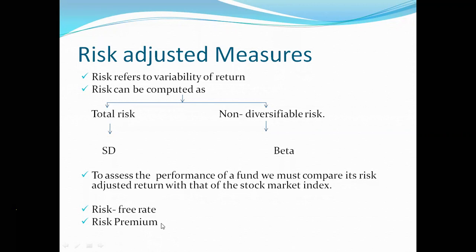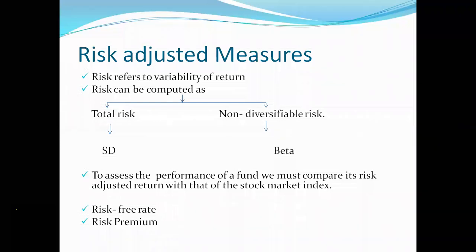Now you have two different elements. One is called the risk-free rate, or you can also call it zero risk, and you are ready to accept a nominal rate of return. So with a risk-free rate, you cannot expect the highest return. But yes, if you are ready to take a higher risk, you will be rewarded or paid a higher return. That is going to be in terms of risk premium.